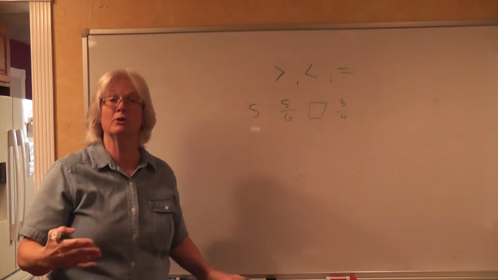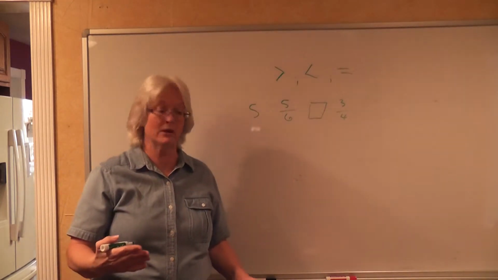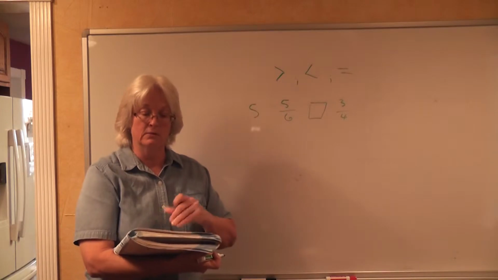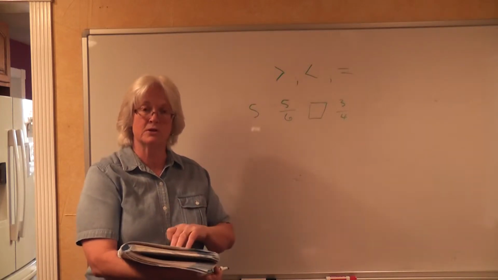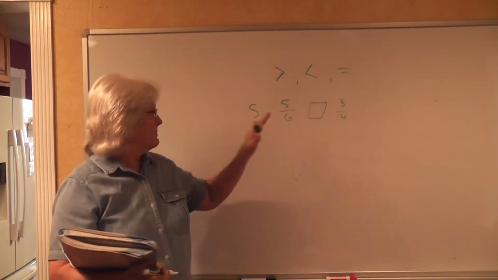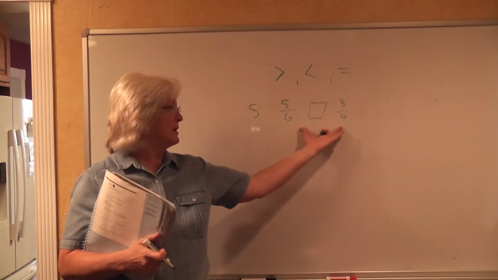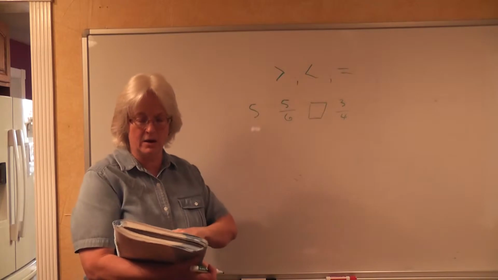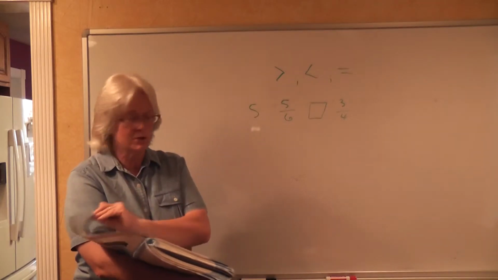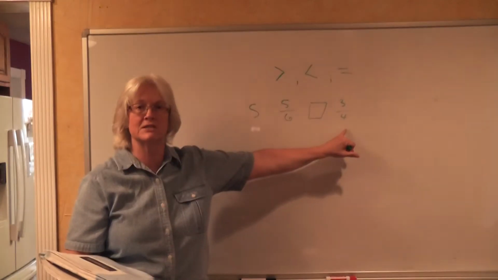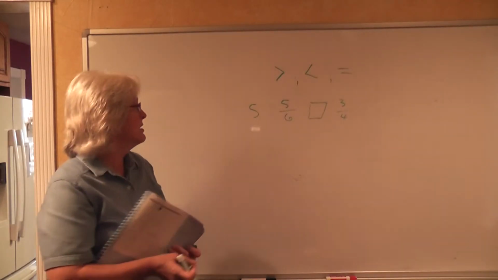So you have to determine what your common denominator is, and you can use your method of prime factorization if you want to, or any other way that you come up with getting a common denominator. This should be something that you can look at and say, the common denominator of 6 and 4 is 12.